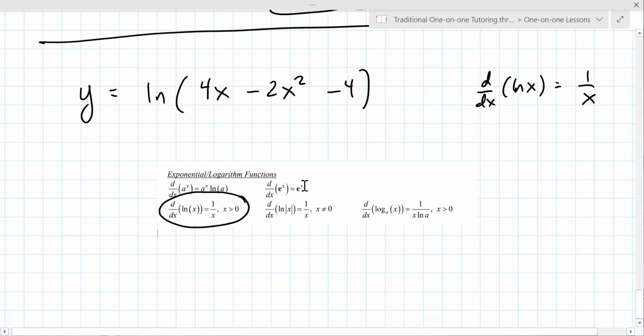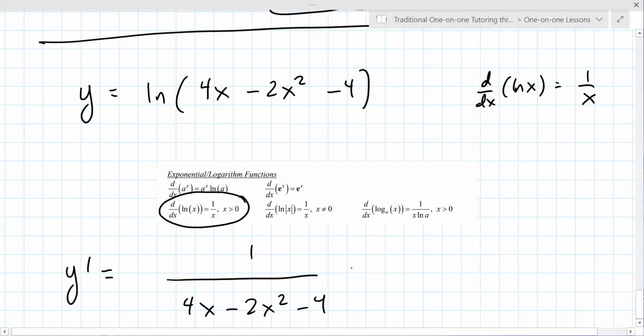Yeah, so it's 1 over whatever's inside here. Okay, so y prime equals 1 over 4x minus 2x squared minus 4.